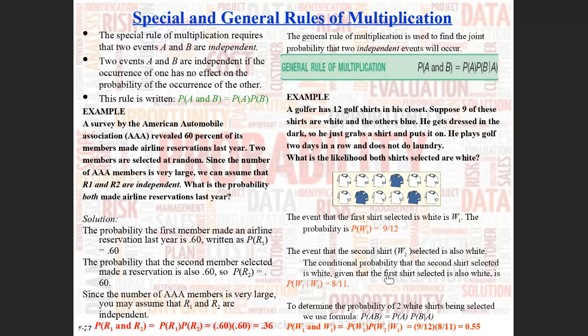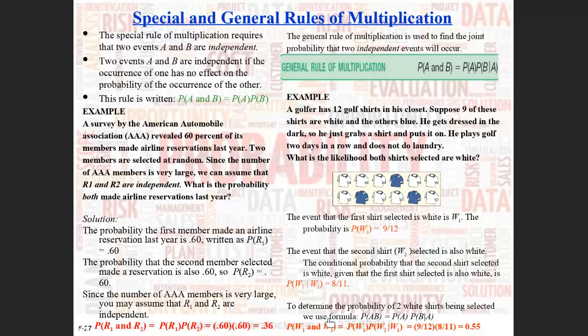So what happens is we only have 11 shirts now because the first shirt was chosen and gone into the laundry, so there's only 11. So you reduce the number of white shirts by 1. So it's 8 out of 11, which is, somebody can come up with the percentage or the decimal, 0.72.